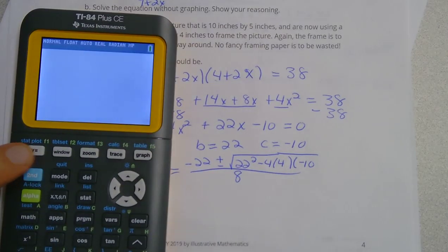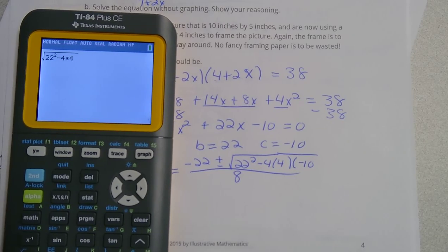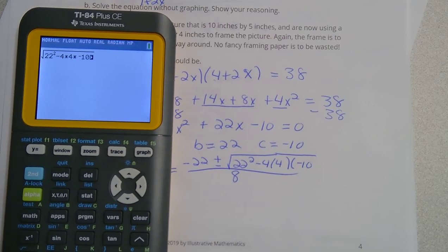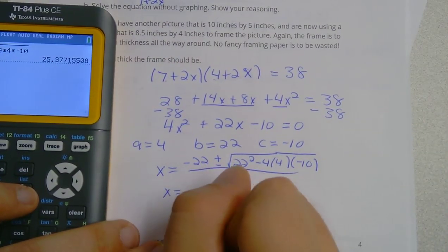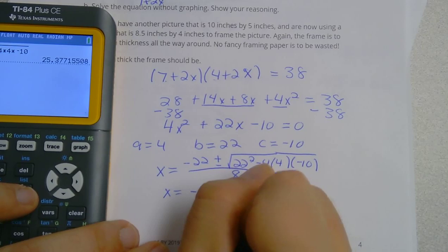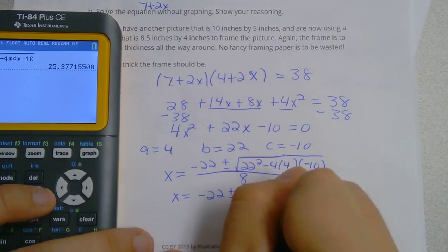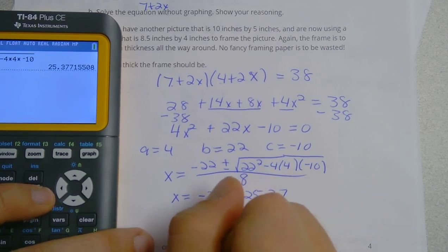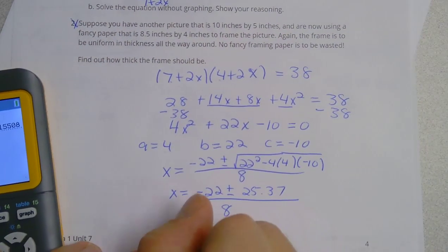So I'm going to put in the square root of 22 squared minus 4 times 4 times negative 10. And we get x equals negative 22 plus or minus, I'm going to round that to 2 decimal places, so 25.37 all over 8.